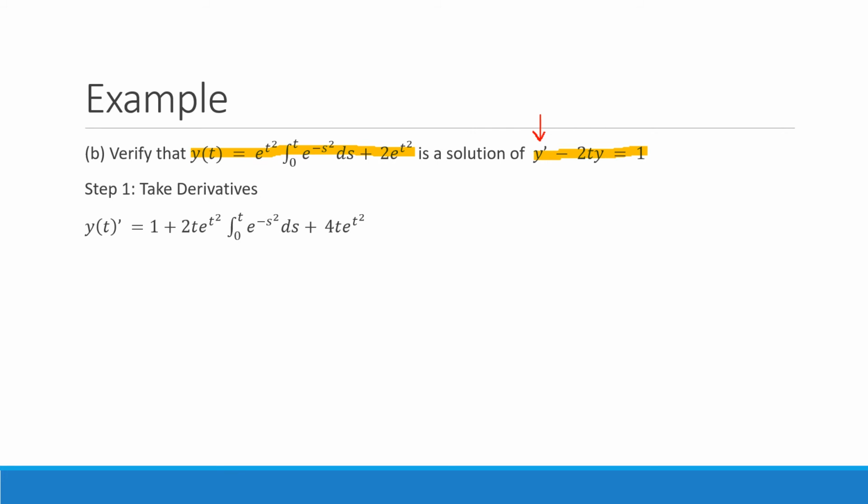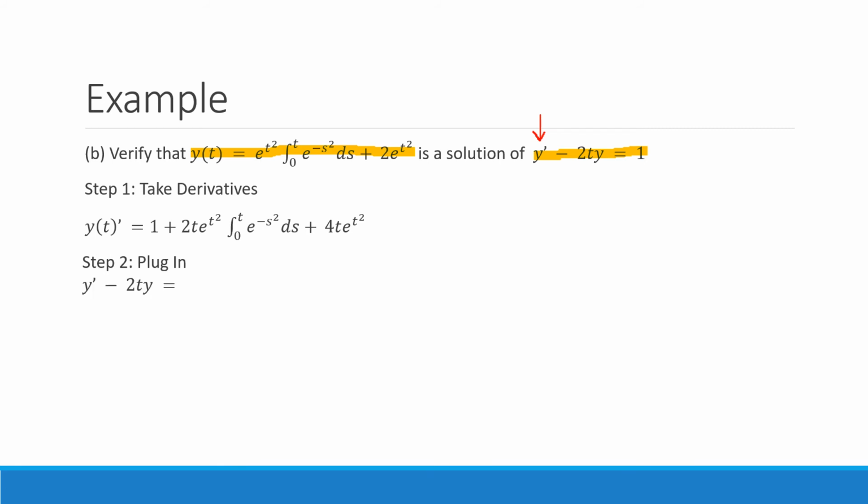Again, if you are not comfortable with taking derivatives, doing integrals, please check out my other video where I go through derivatives and integrals of both regular functions, complex functions, all kinds of great stuff. Moving on, step 2 is to plug it into our differential equation so we can move on to verify.